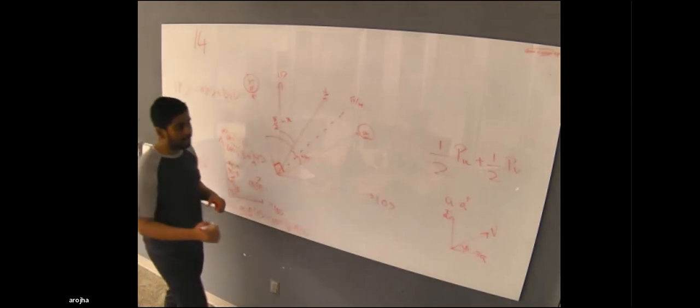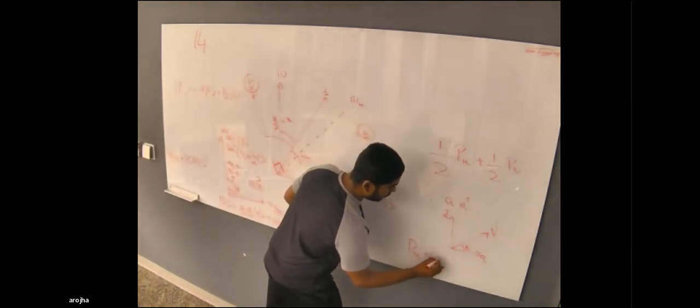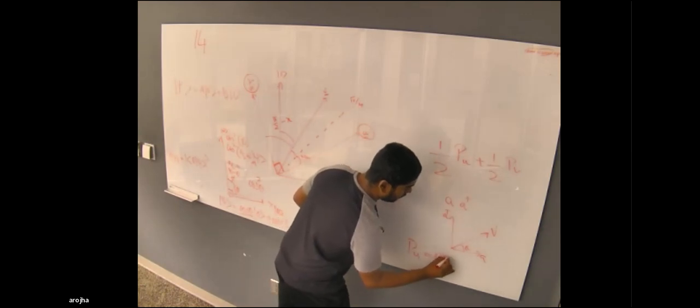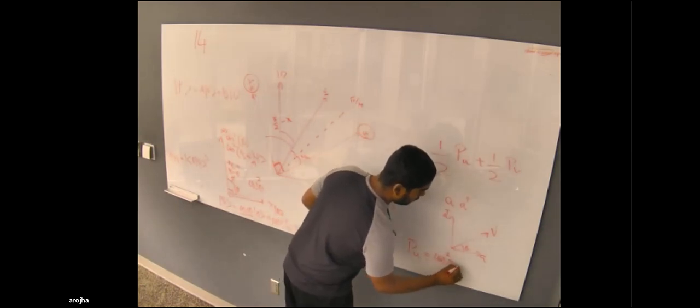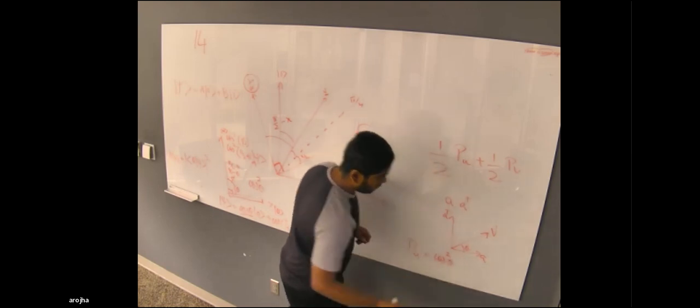So right now, this is what P of U is saying, is equal to cosine square of theta plus sine squared.